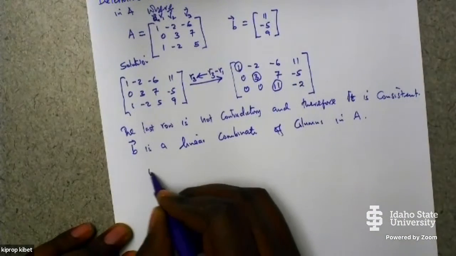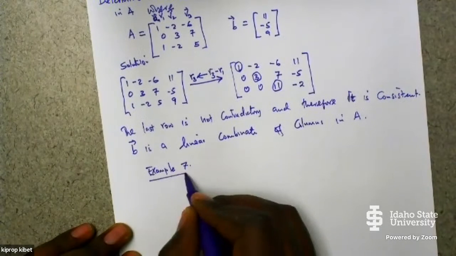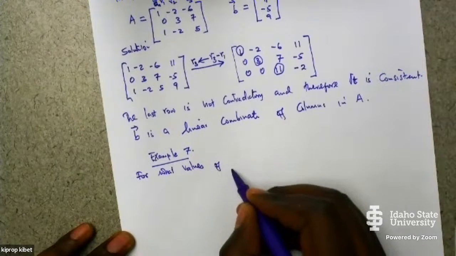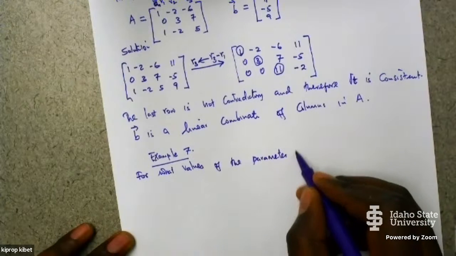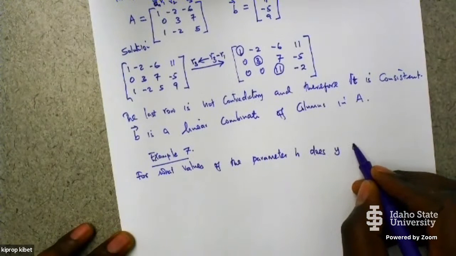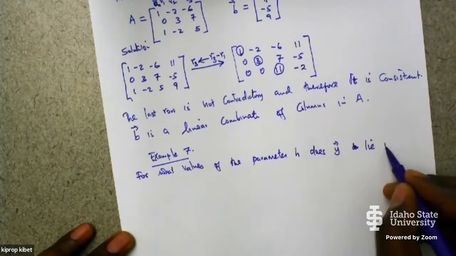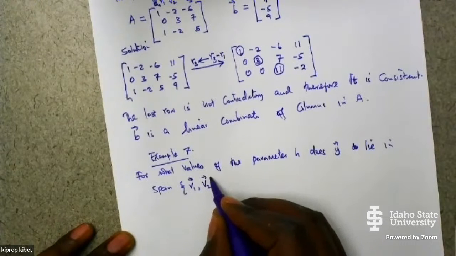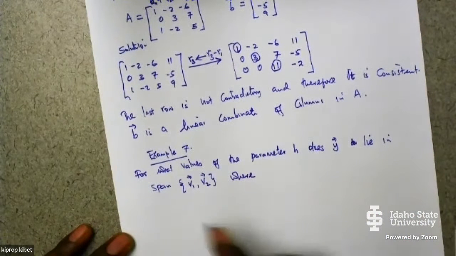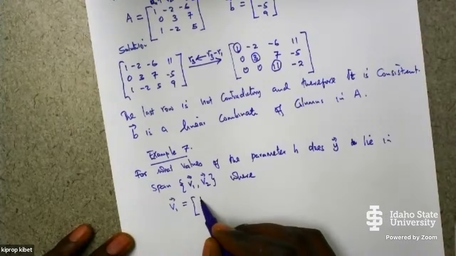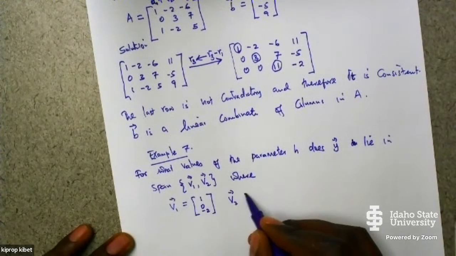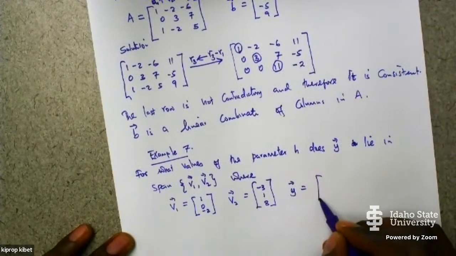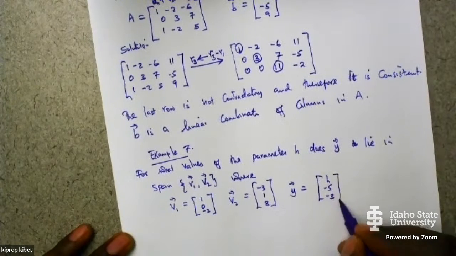Okay. Example number 7. For what values of the parameter h does y lie in span V1, V2, where V1 equals 1, 0, -2, V2 equals -3, 1, and 8, and y equals h, -5, and -3.